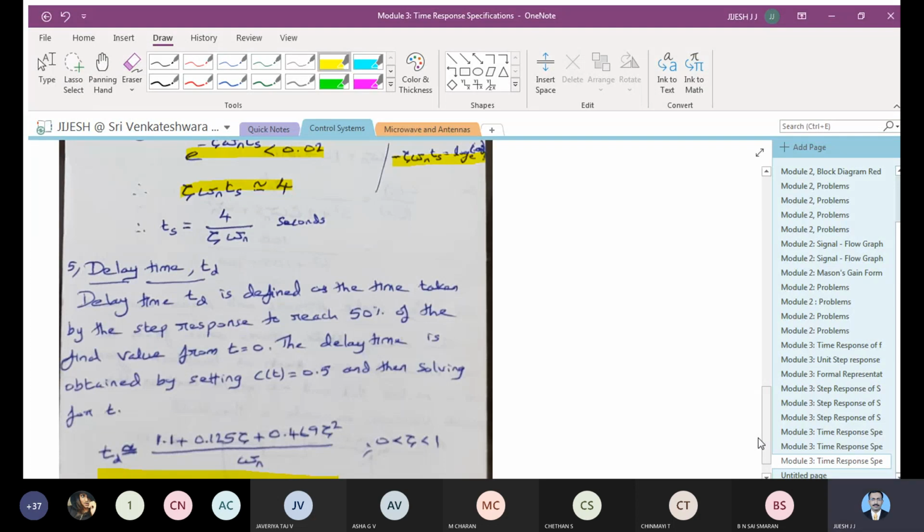Now we have studied all these terms. Now we are going to use this in equations and solve it.